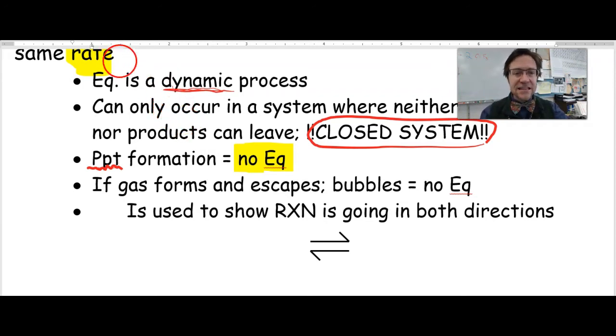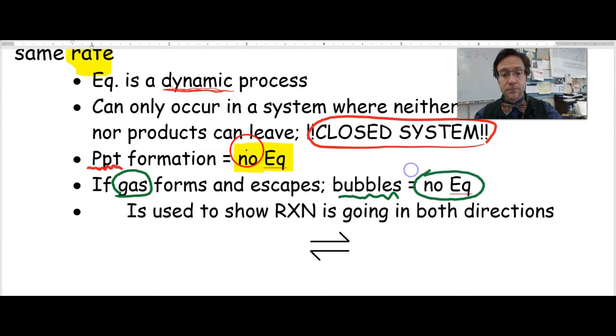So anytime a precipitate forms, you will not have equilibrium, and also for a gas, like bubbles, there is no equilibrium, okay? Because if you have a forward reaction that produces bubbles, the bubbles float away, and then you don't have any products to make effective collisions to make a reverse reaction. So you have to have the products and the reactants stay together, not only in the same container, but in the same solution. So you can't have a precipitate and you can't have bubbles.